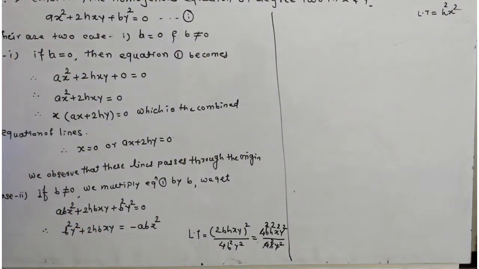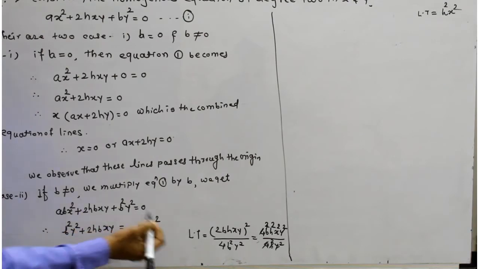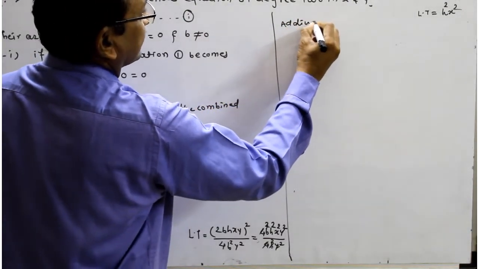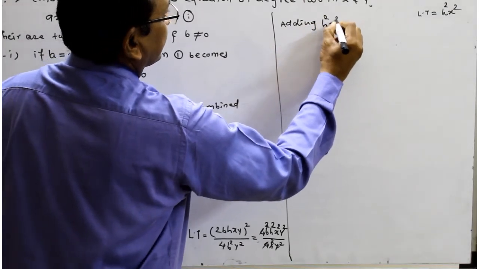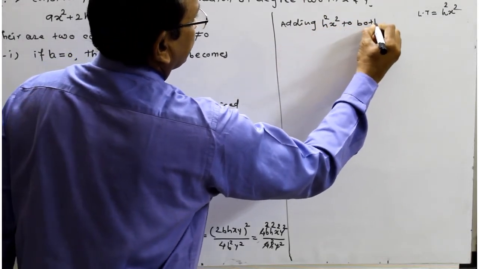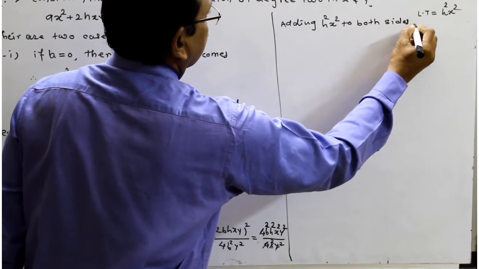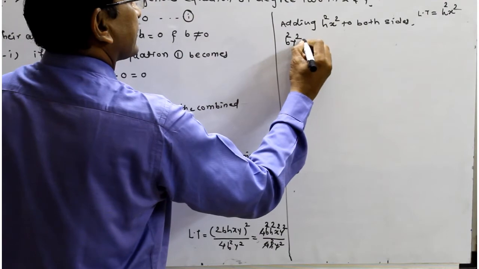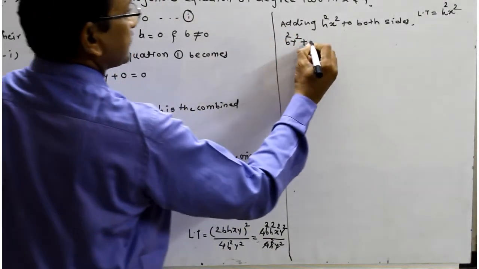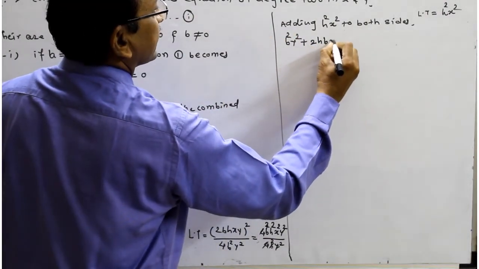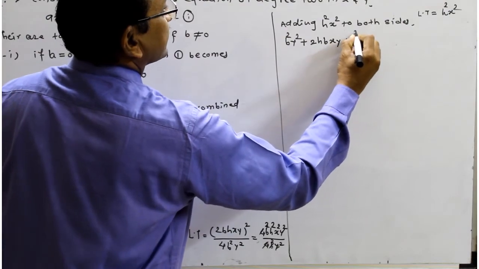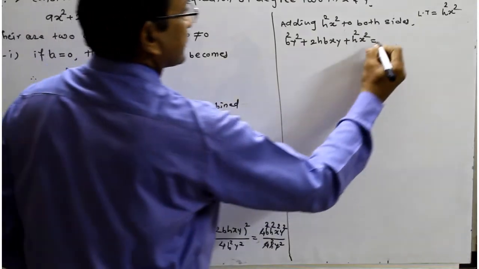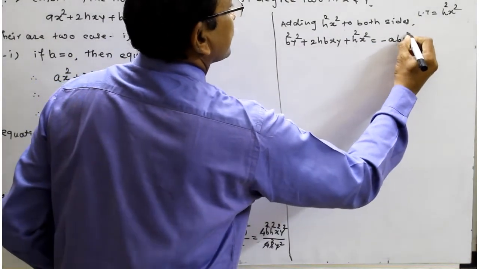Now add this term h square x square to both the sides. So adding h square x square to both sides, so you get b square y square plus 2 times hbxy plus h square x square is equal to h square x square minus abx square.